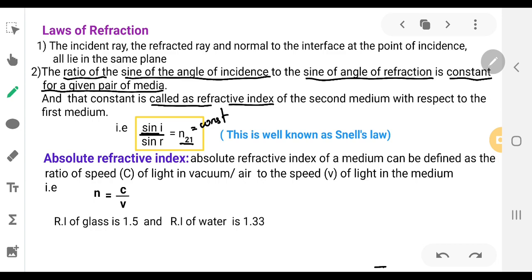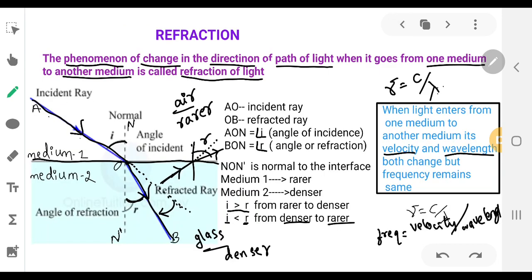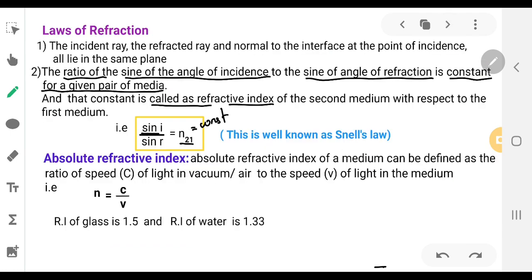Now we'll see what this refractive index is. At the beginning we discussed that when light enters from one medium to another medium, its velocity changes. There is a change in the velocity, but by what amount is the velocity going to change, and how do we get it? That value is given by the refractive index.